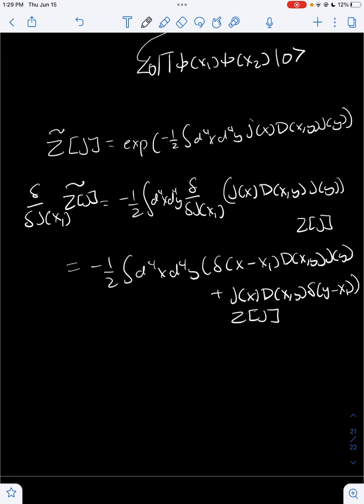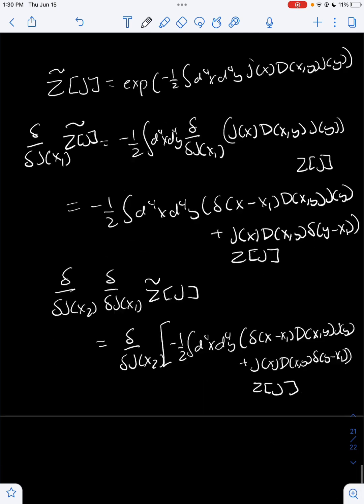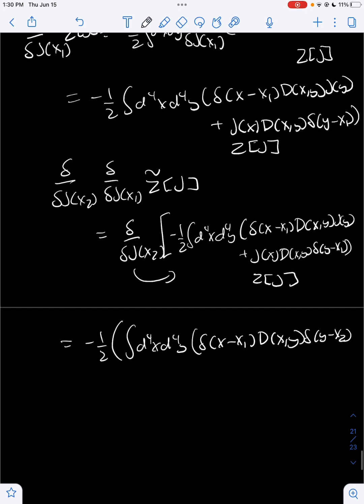And now we can take the derivative of that again, but with respect to j(x2). Then we have to take the derivative of Z(j) with respect to j(x2), but you can actually ignore that part because after we take j to be 0, that integral is not going to contribute anything.